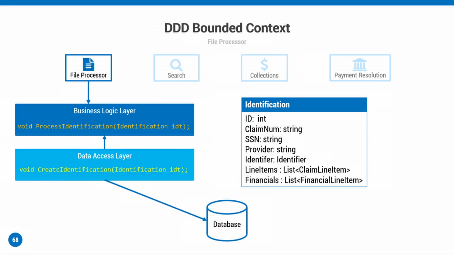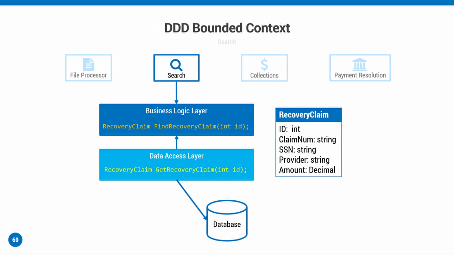So this is what it starts to look like. We start to break out that one monolithic business logic layer that was like, you know, process claim into more like process identification. Where identification looks a lot like claim, but it has its own specific data access, right, mapped to what it's most interested in. Search is the same way, right? We're interested in a smaller subset.